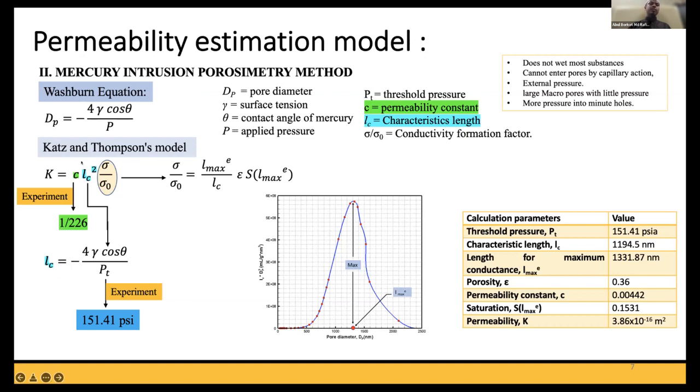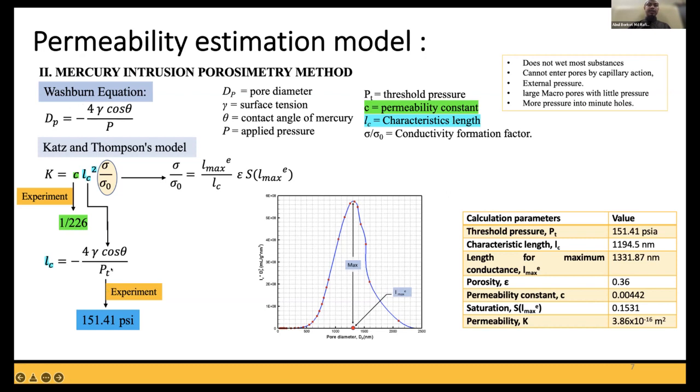The permeability of a porous material can be determined from Katz and Thompson's model, which you can see here. Here, the constant is determined from the experiment. Then we determined the characteristic length, which is again derived from the Washburn equation.